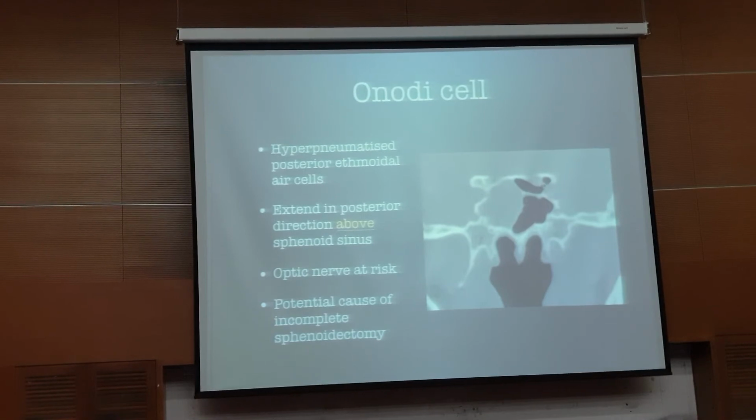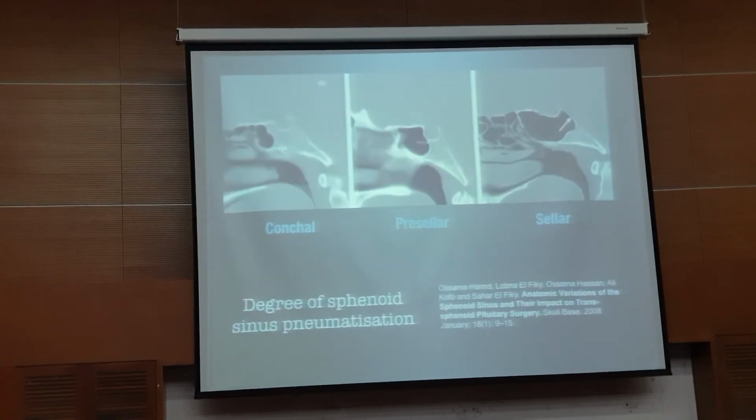I think sometimes, from what I understand, you may enter and think that you are in the sphenoid sinus, when in actual fact you are in the Onodi cell. I'm not sure how that occurs. Maybe you can explain to me why. But being aware of these variants would really help, I think, in deciding what's going on during the surgery.